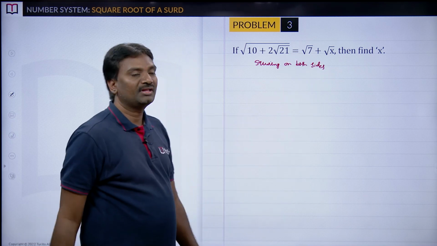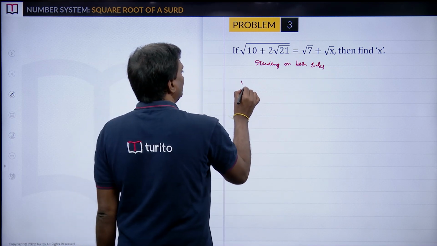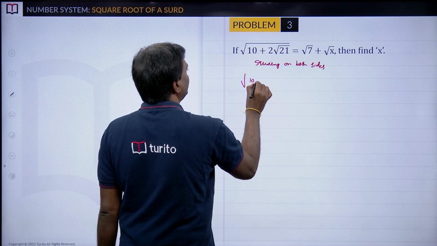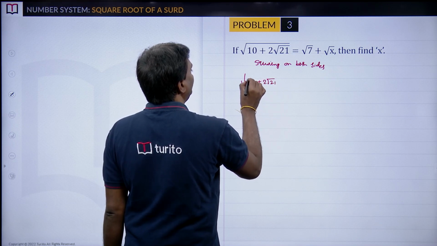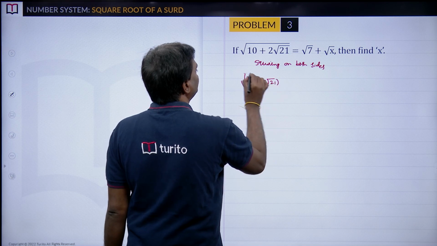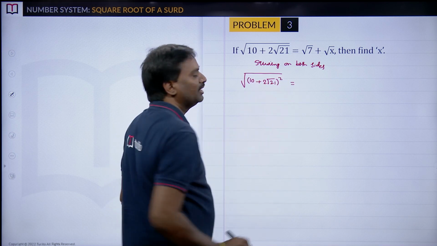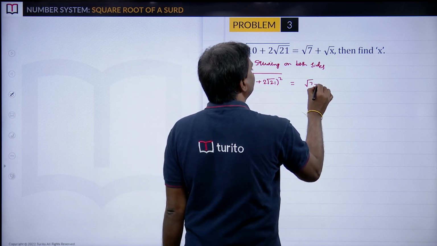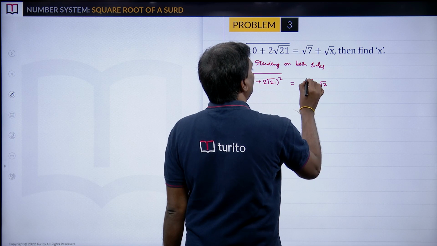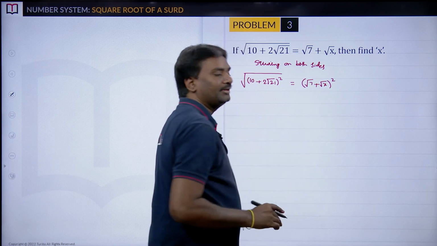Squaring on both sides, you will get square root of 10 plus 2 into root 21 whole square equal to RHS root 7 plus root x whole square.